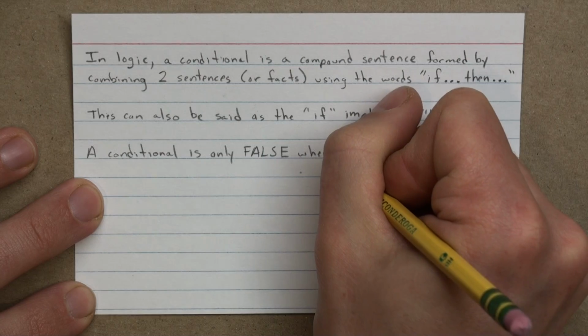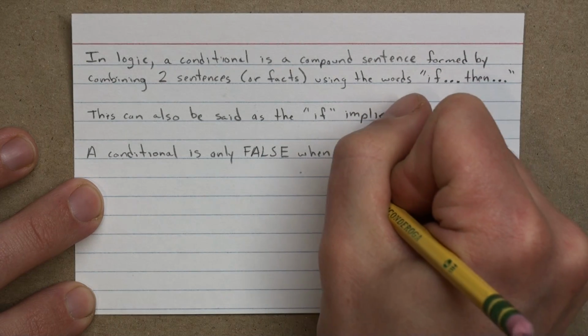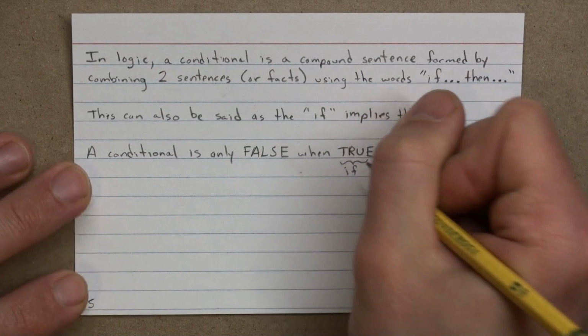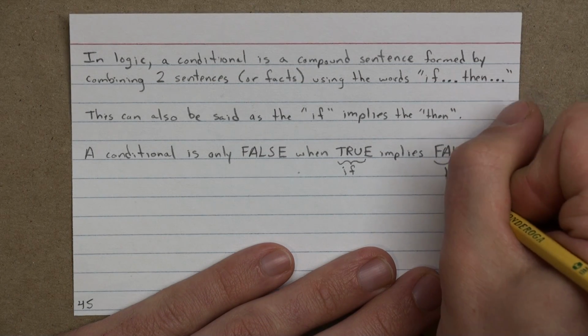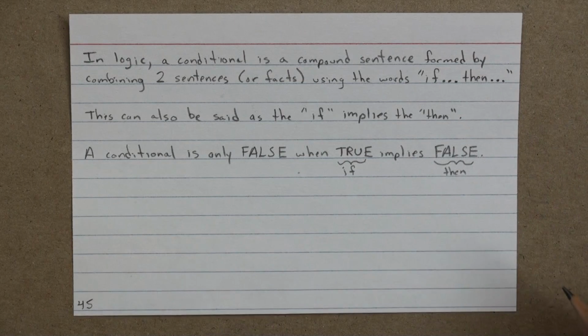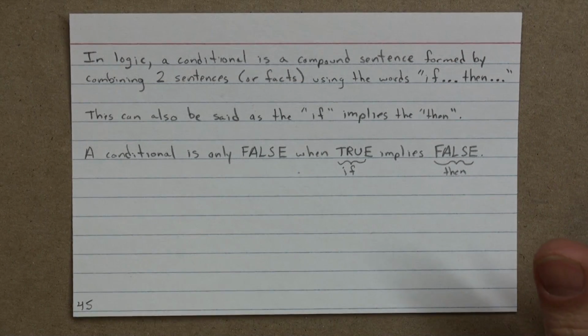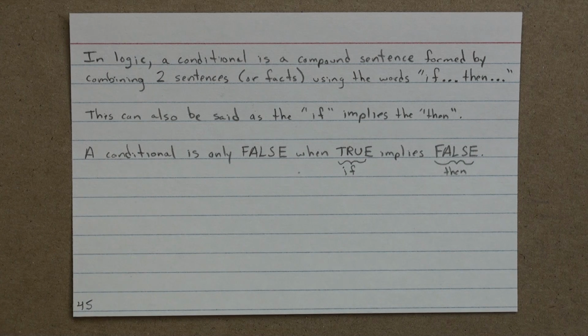And remember, the first part is the if part, and the second part is the then part. Okay? So only when the if part is true and the then part is false will the conditional be false. All right? Let's see if we can get some examples here.